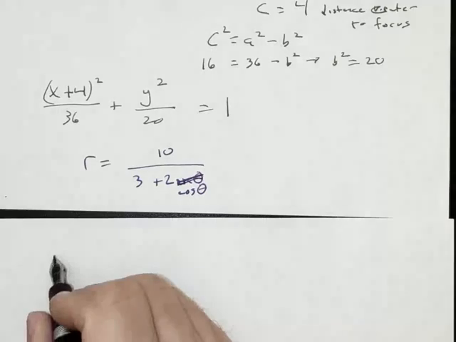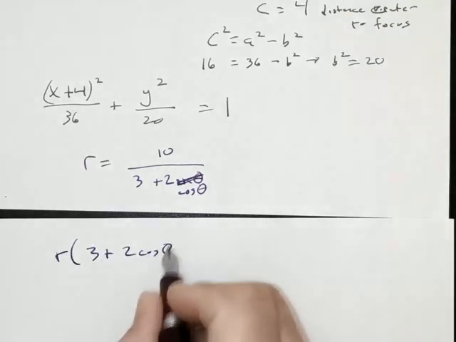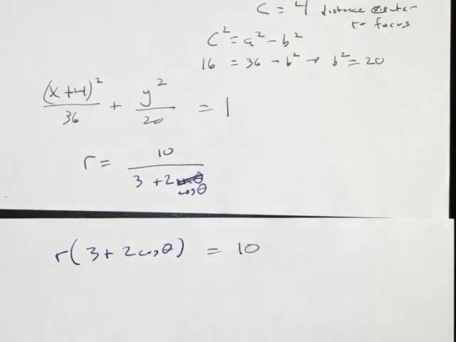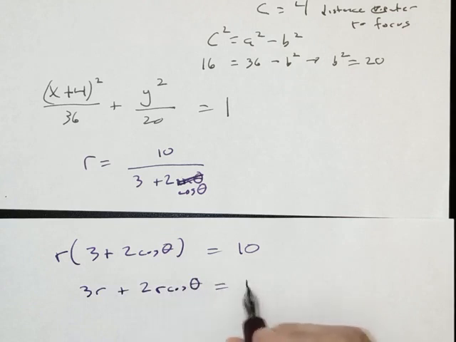So I start by moving this over, r times (3 plus 2 cosine theta) equals 10. And then I have 3r plus 2r cosine theta equals 10. I'll move that over.